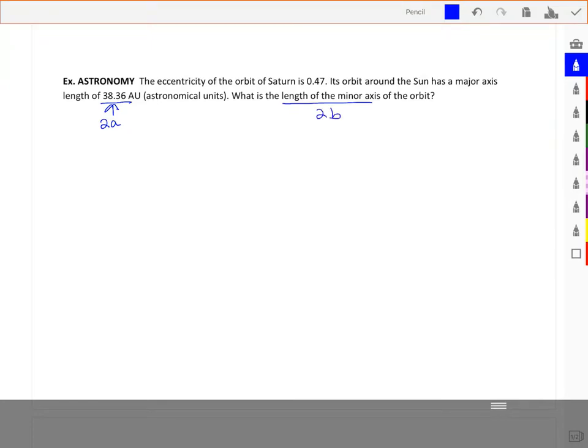So that's what we're looking for, 2b. Okay, so 2a is 38.36, which means a is 19.18, just dividing 38.36 by 2. We're looking for 2b.